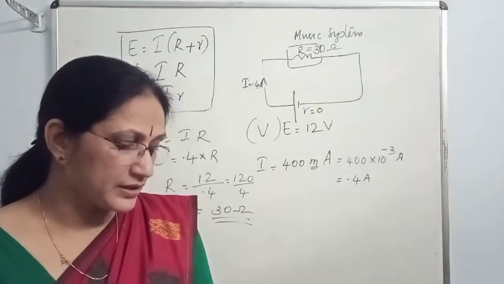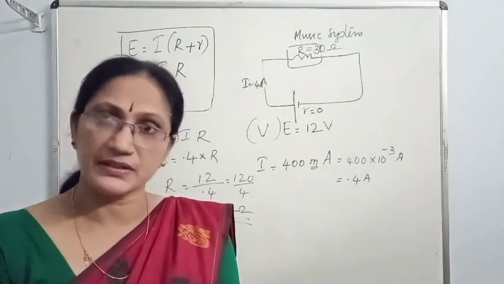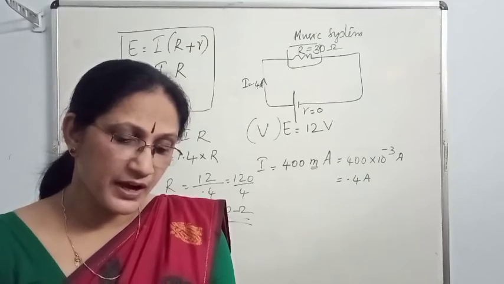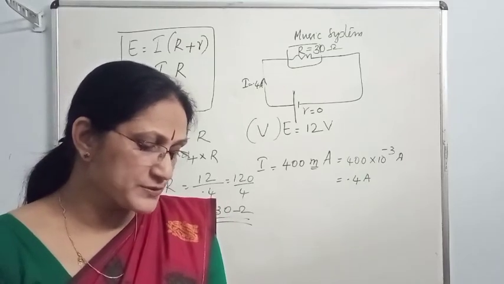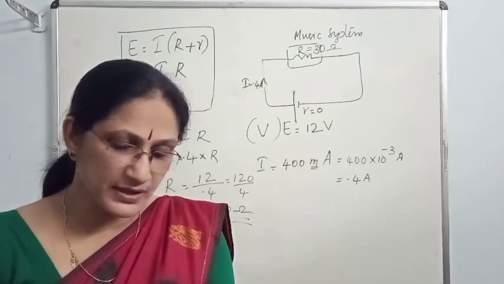Now second part, this music system is left playing for several hours, and finally the battery voltage drops and the music system stops playing when the current drops to 320 milliampere.